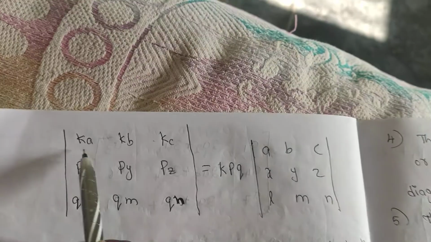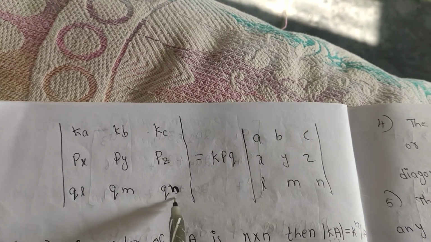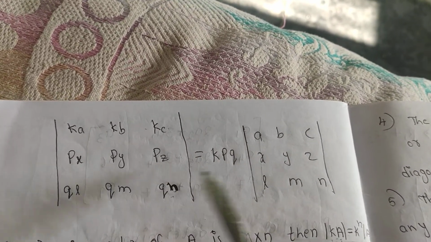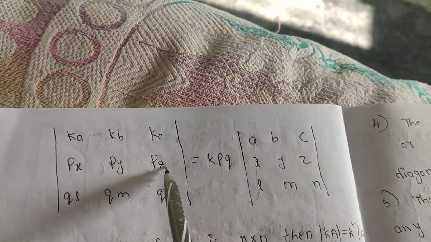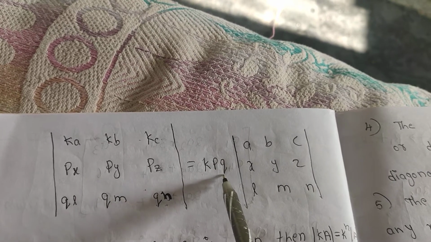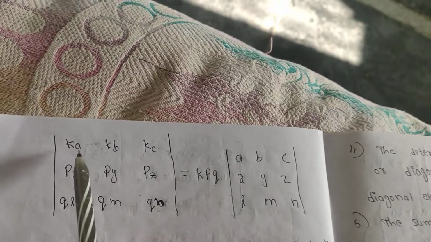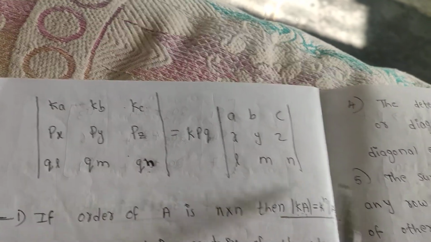Without confusion, first row multiplied with k, second row multiplied with p, third row multiplied with q, then this determinant is nothing but k into p into q into the original determinant, let us consider a b c, x y z, l m n.